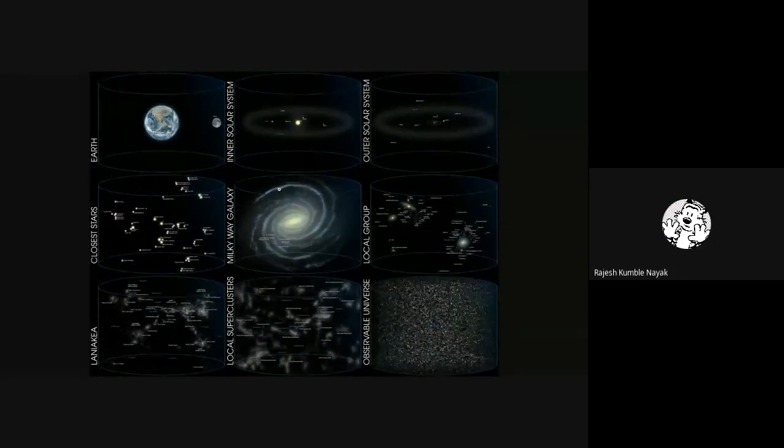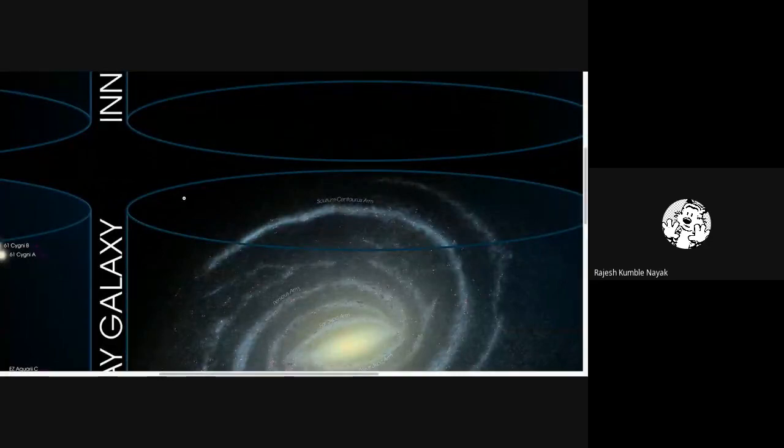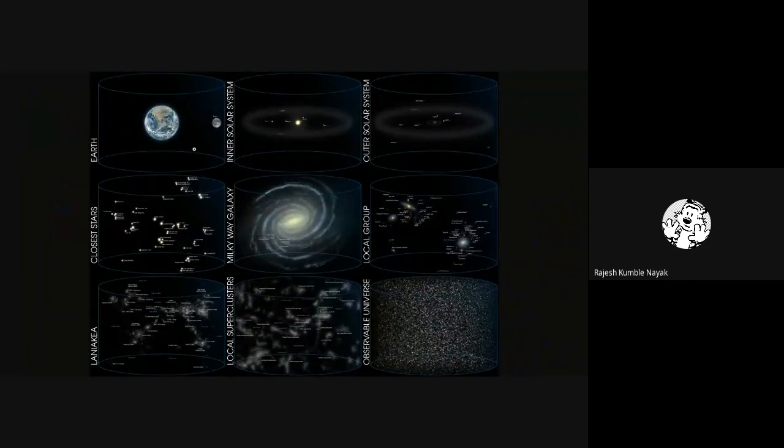So this is how the whole thing starts. It's an extremely large resolution image. So you have your planet, solar system, the local neighborhood, and then you have stars nearby our Sun. Then you have the galaxy, then the local group, then the local cluster, then the superclusters.